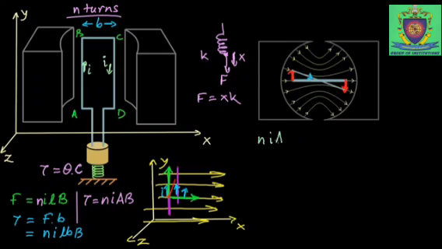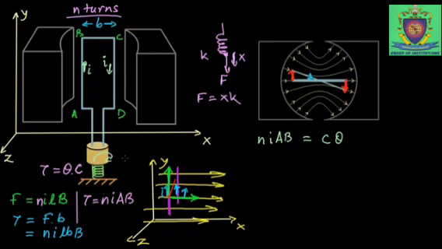So this is about the BC and AD phase, and we already calculated the force at AB and the force at CD. Now let us equate that. That is your torque NIAB equals C into theta. This theta is nothing but the deflection which is observed.